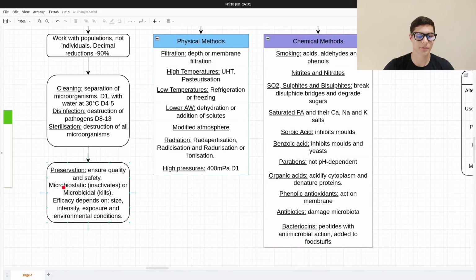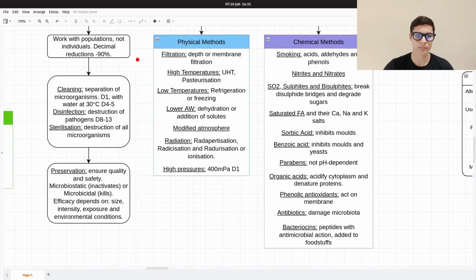And we have to classify the agents as microbiostatic, that inactivates the bacteria, or microbicidal, that kills the bacteria. And the efficacy of these treatments depends on the size of the food, the intensity we will apply them, the exposure of the treatment, and the environmental conditions as well.